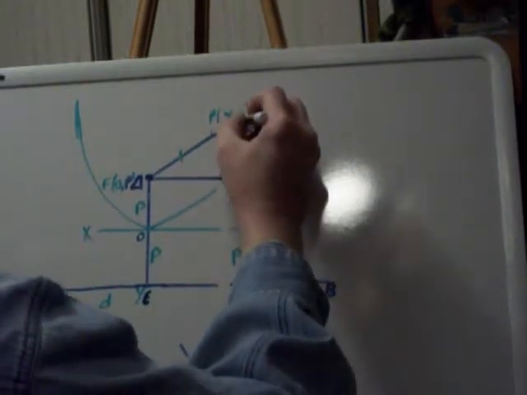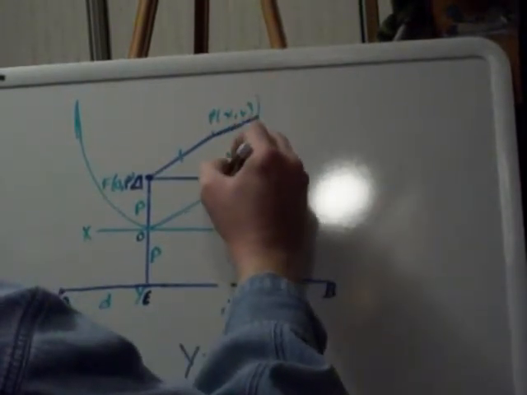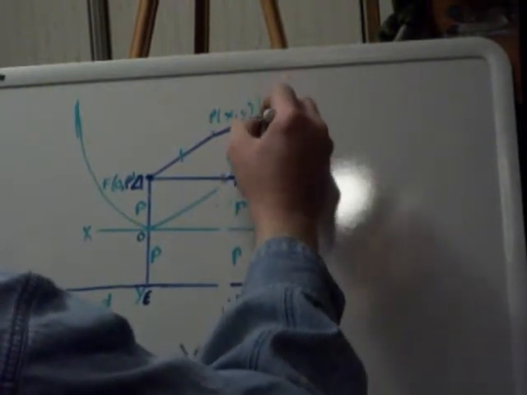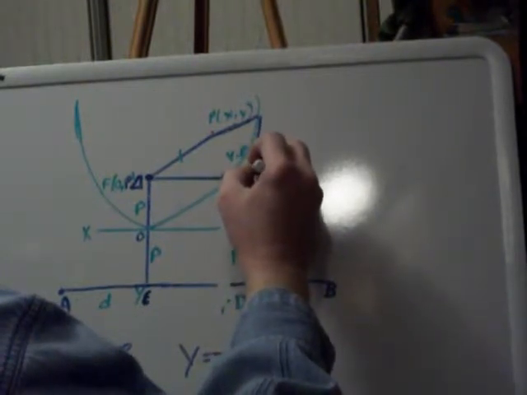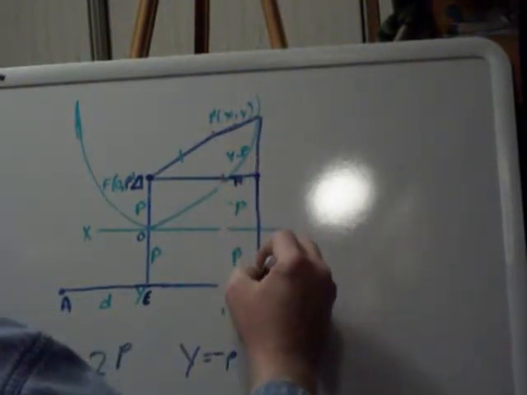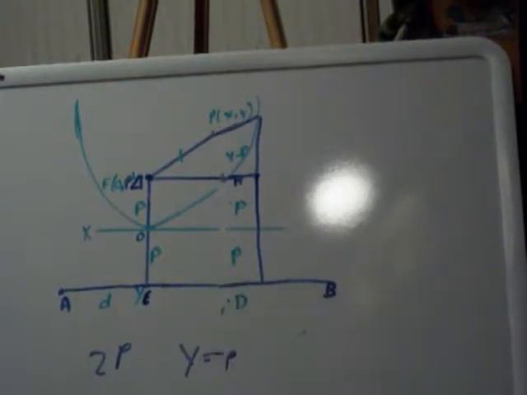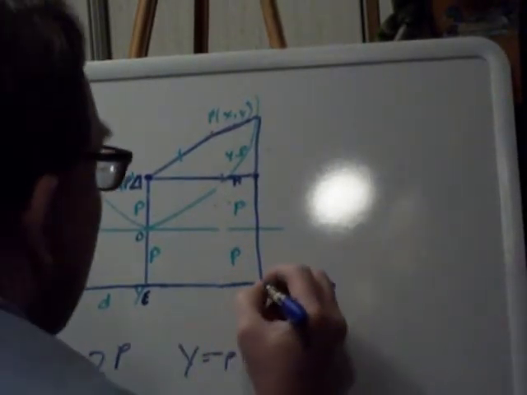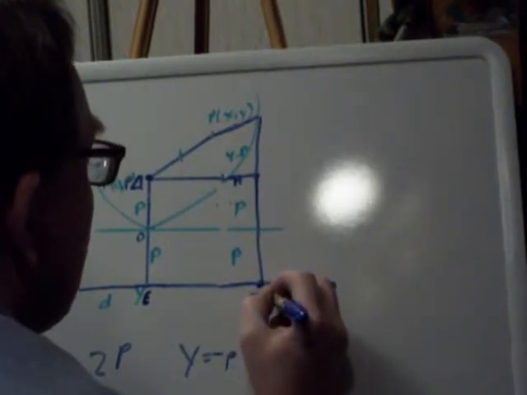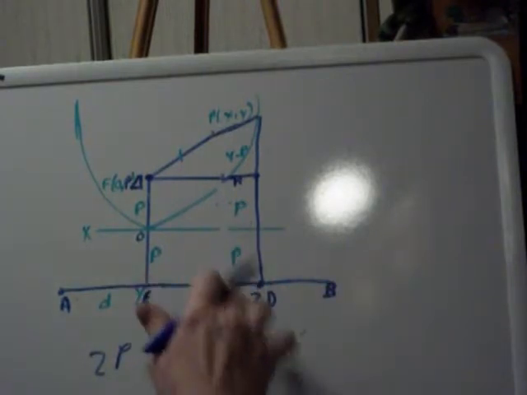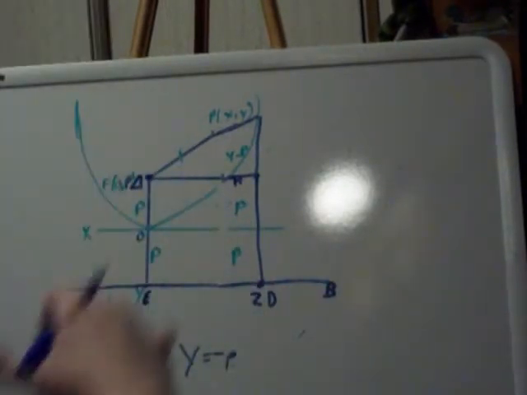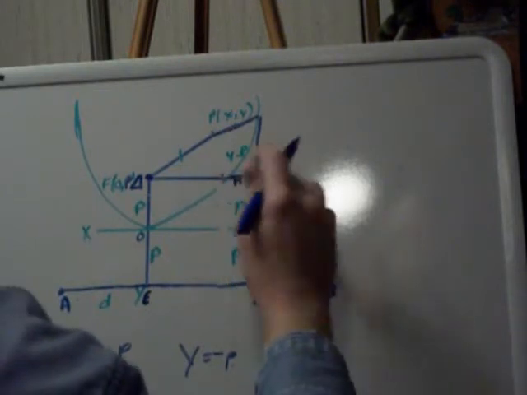This is going to look a lot better. This is also capital D. That's why I put Z and D, because Z was what it was in Pappus' proof, but D is what it really is.